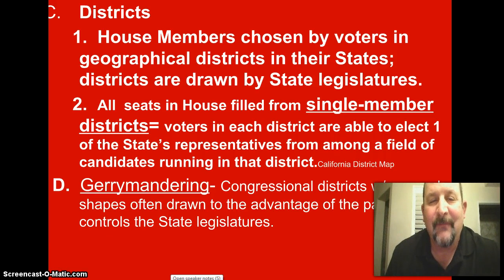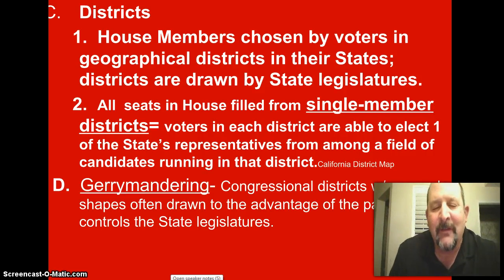You remember we left off talking about congressional elections and talking about districts, how each member of the House is chosen from a district in their state. A curious phenomenon, that's putting it kindly, happens called gerrymandering. One of the greatest terms in all of government, gerrymandering.